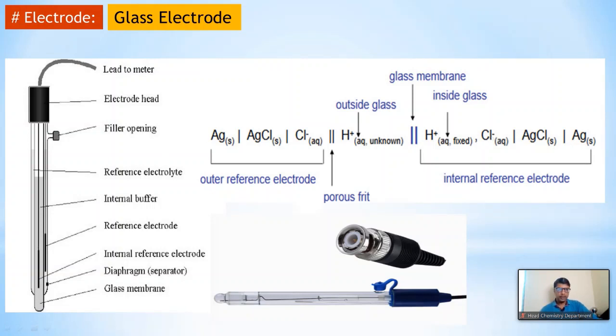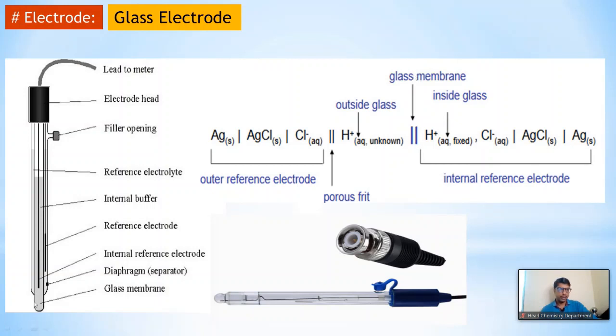All these are present inside this glass. Again, the surface of this glass is called the glass membrane. So here the two lines represent the glass membrane.